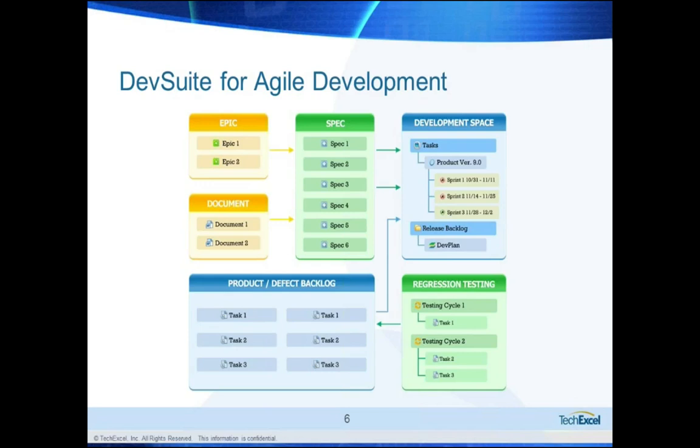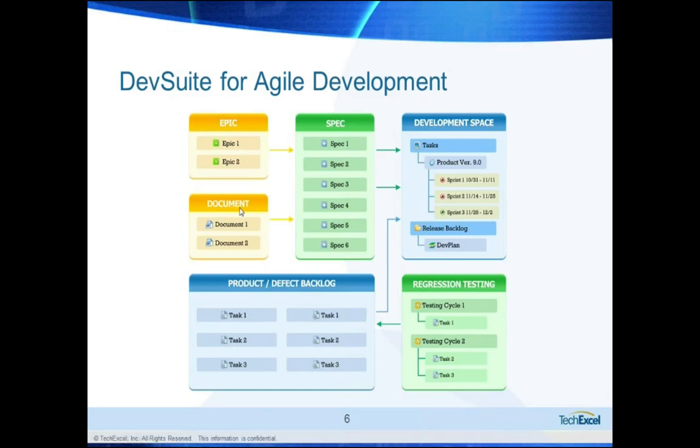The conceptual model of DevSuite is that any real-world development project, whether it's Agile, traditional, or defect tracking, can be represented as a set of requirements with requirement space, with development space tracking the implementations, and testing space managing your quality. In the Agile case, requirements are represented with epic, document, and specs.